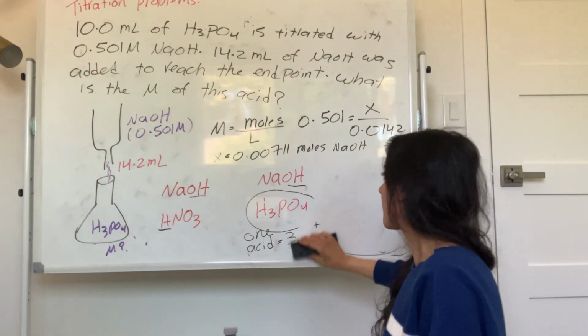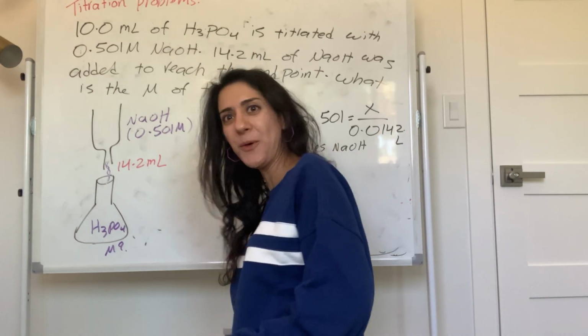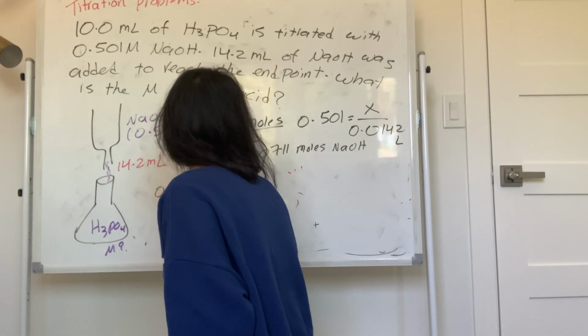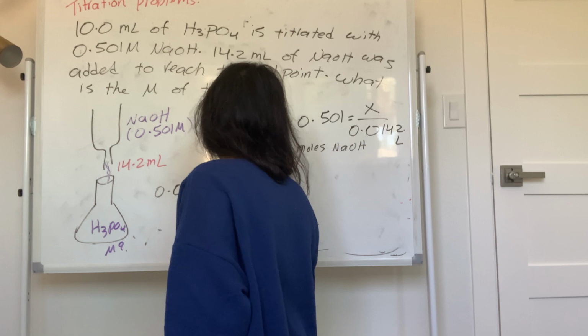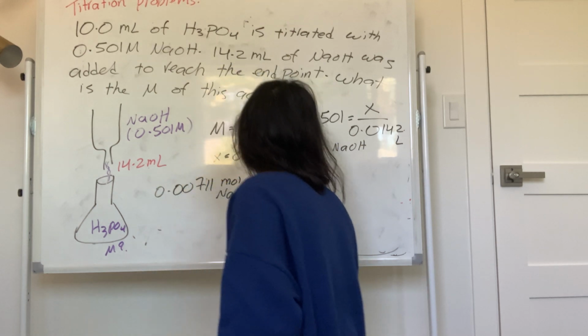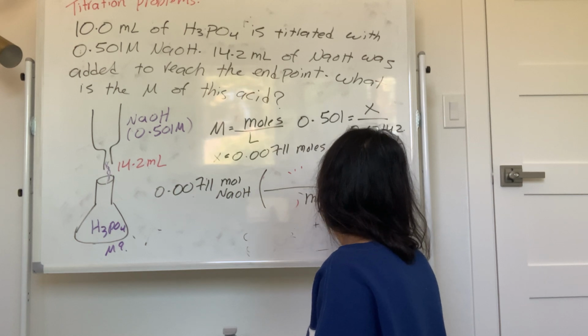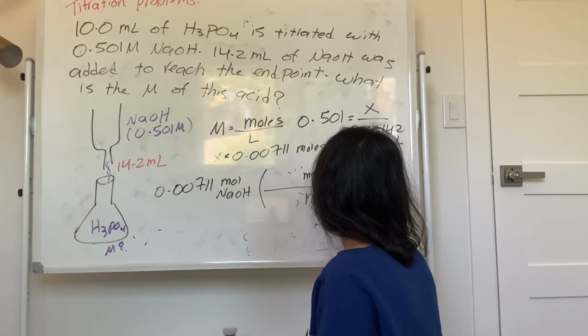So what does this mean? This means that I have to do a mole ratio. I have 0.00711 moles of NaOH. But I don't want moles of NaOH. What I want is the moles of phosphoric acid.